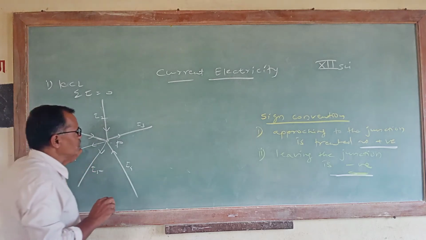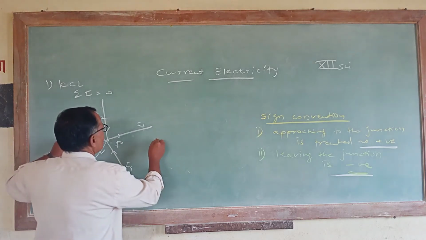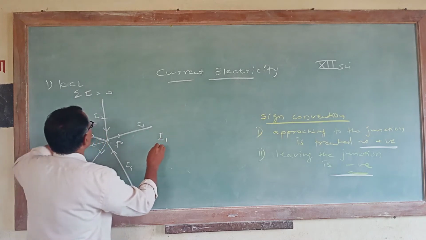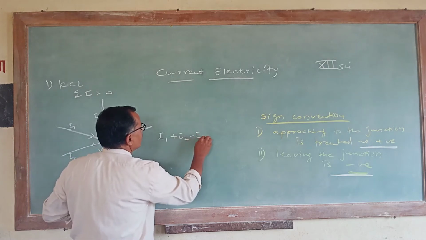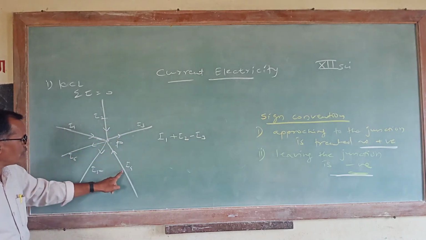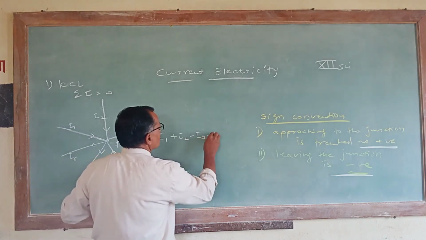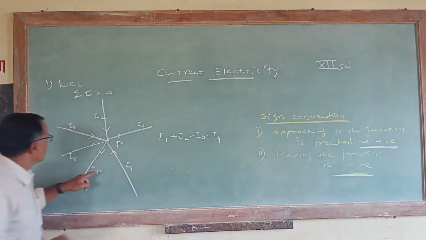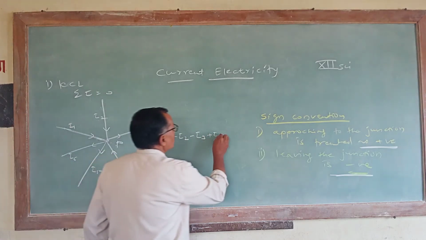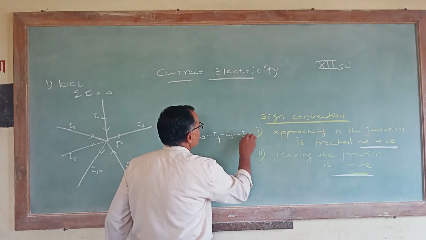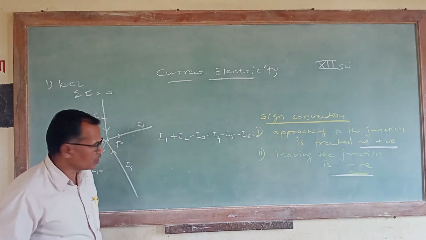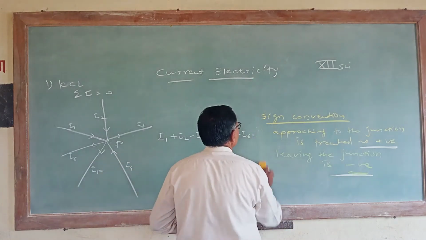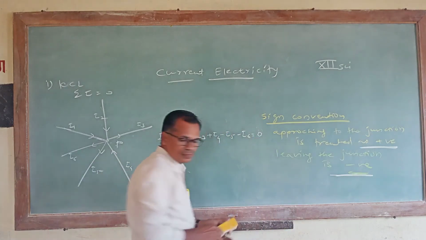We can write that I1 is positive plus I2 is positive. Then I3 is negative, I4 is positive. Then I5 and I6 are negative. Minus I5 minus I6 is equal to 0.